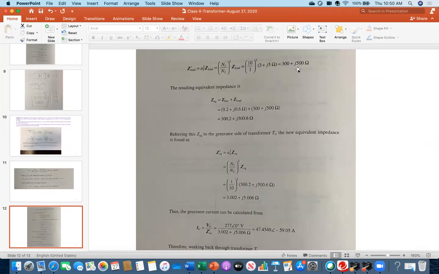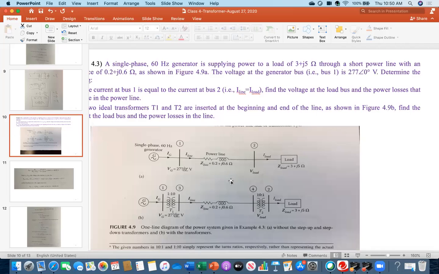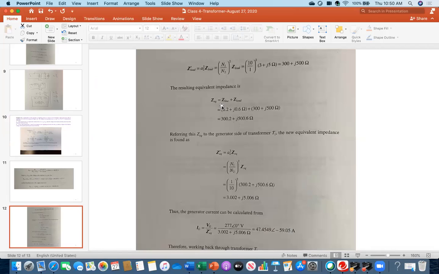It gave me 300 plus j500. Now you see that the new amount is available here at this point. Now that is in series with this one. There is no problem with that. That new Z load value is in series with this one. Then add with this one. You see the resulting equivalent impedance, Z equivalent, is Z line plus Z load.